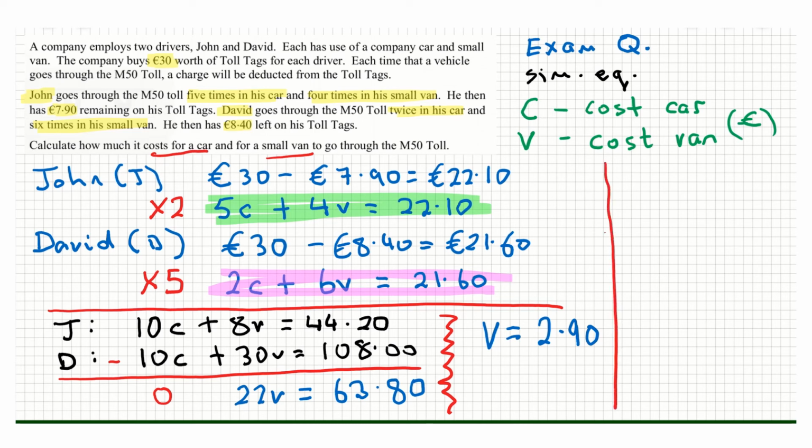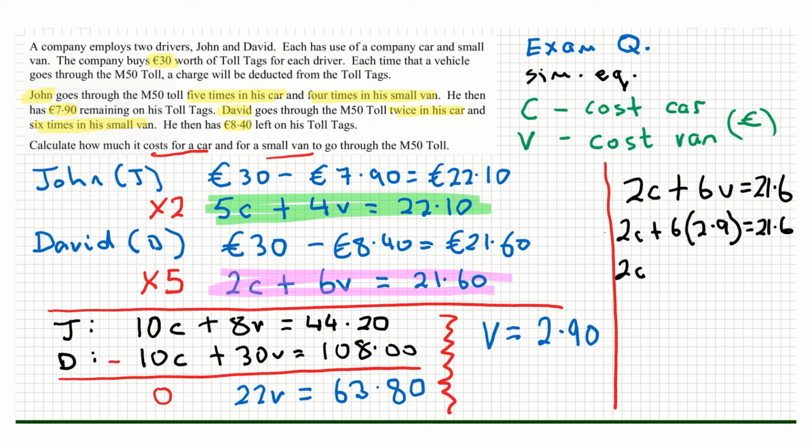We also need to know the price of the car, so we can refer back to our simplest equation. I think our simplest equation is 2 times the car plus 6 times the van equals 21.6. 2 times the car plus 6 times the van, which is 2.9, is 21.6. 2 times the car plus 6 times the van is 17.4.